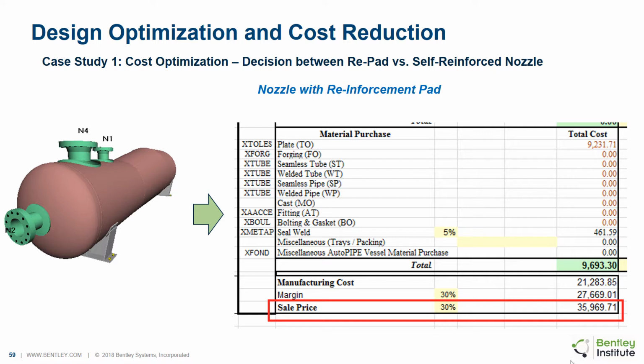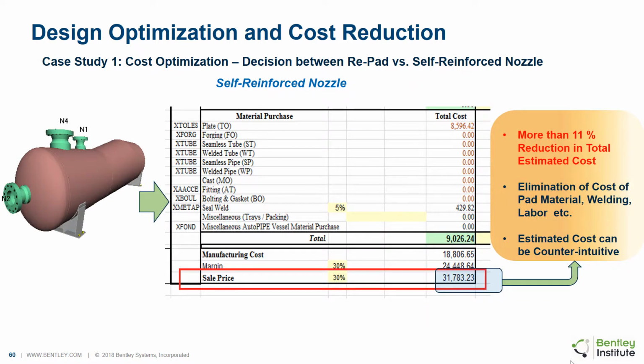The understanding was that this would keep the overall cost of the equipment low due to lower cost of component. The total estimated cost was approximately $36,000. The same equipment now with self-reinforced nozzle, interestingly, was found to cost significantly lower, at about $32,000, than the option with re-pad type nozzle, which is counterintuitive since self-reinforced nozzles cost more.